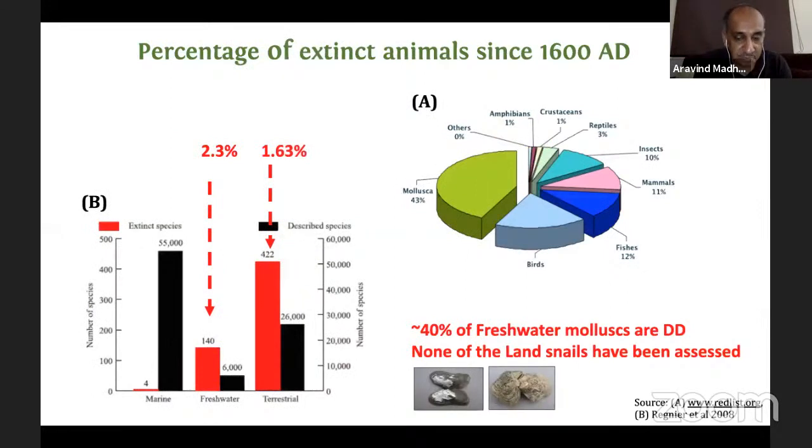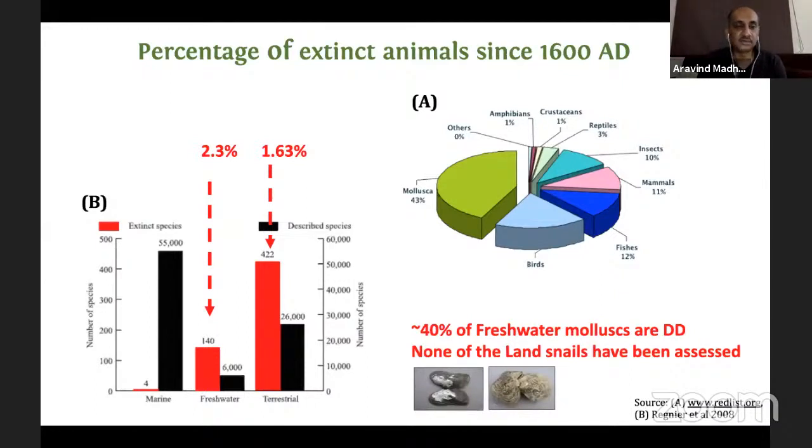And many species have gone extinct. The percentage of extinct animals since 1600 AD is higher in mollusks compared to any other taxa on this earth. If you consider higher vertebrates together, the percentage of extinction will be much lesser than in mollusks.